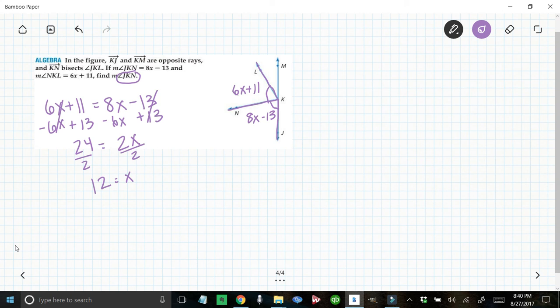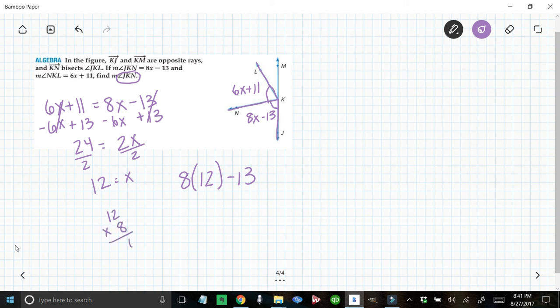So what I want to do now, since I've solved for x and x is 12, I'm not trying to find x, I'm trying to find the measure of angle JKN. So just make sure you always go back and pay attention to what you're solving for. So I'm going to substitute this in. So 8 times 12 minus 13. So let's see, 8 times 12.